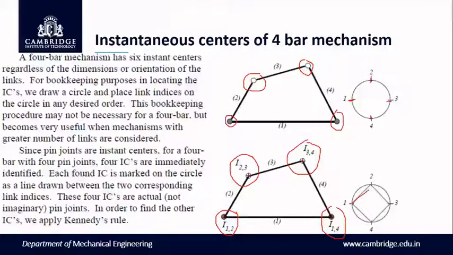So we can draw the visible instantaneous centers, and we came to know IC12, IC23, IC34, as well as IC14. So we need to join those numbers in the circle also. To find the remaining 2 instantaneous centers, we need to apply Kennedy's rule.